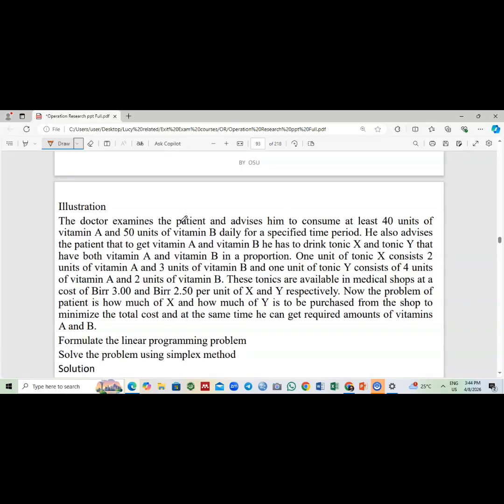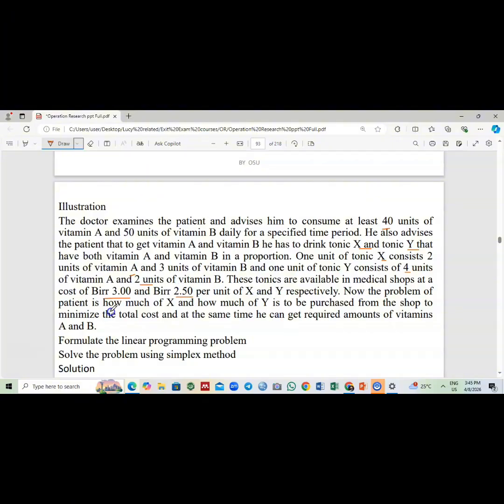The doctor examined the patient and advised him to consume at least 40 units of vitamin A and 50 units of vitamin B daily for a specific period. They also advised the patient that to get vitamin A and vitamin B he has to drink tonics X and Y that have both vitamin A and vitamin B in proportion. 1 unit of X consists of 2 units of vitamin A and 3 units of vitamin B, and the other tonic Y consists of 4 units of A and 2 units of B. These tonics are available in the medical shop at 3 and 2.5 per unit of X and Y respectively.